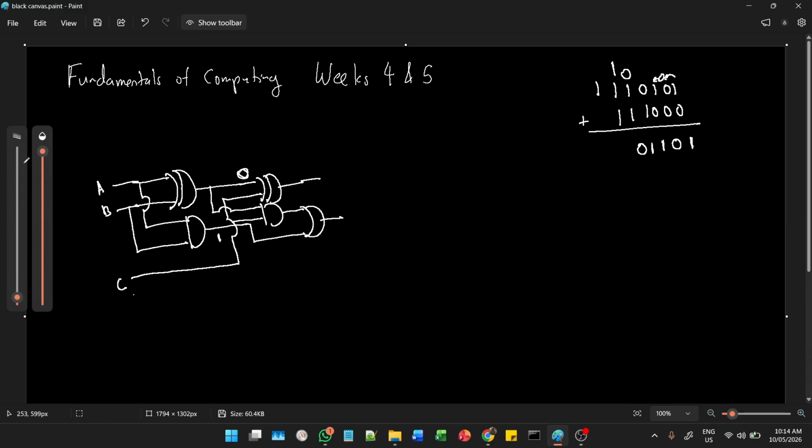So this C has a 1 as well, right? So it sends the 1 to the new exclusive OR gate, and remember, since the 1 gets carried over and this is a 0 over here, this makes a 1 and 0, right? Which gives an output of 1 because it's different.